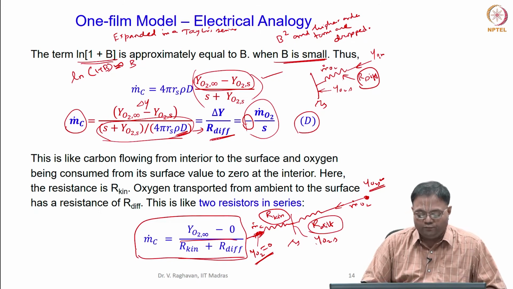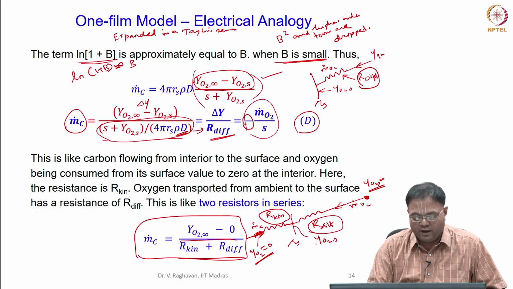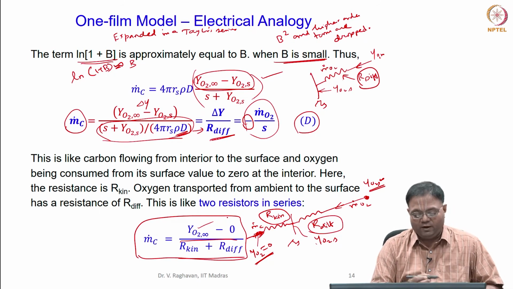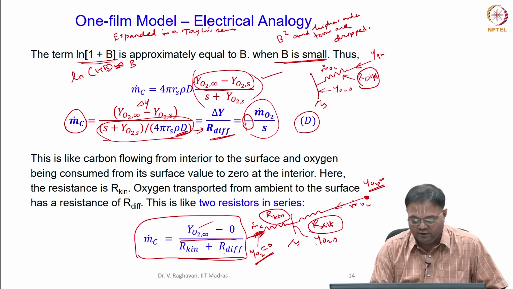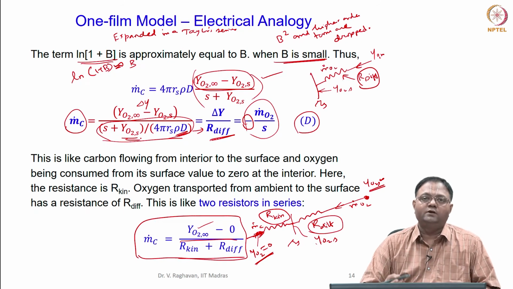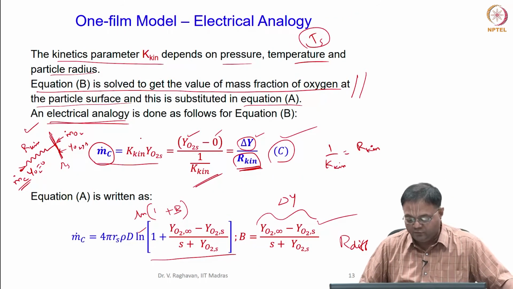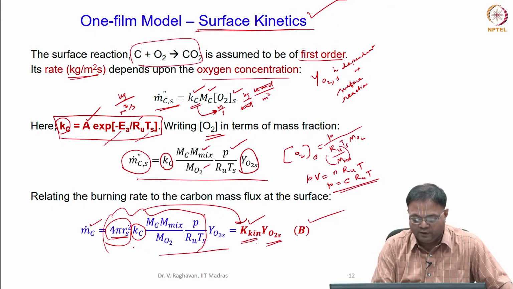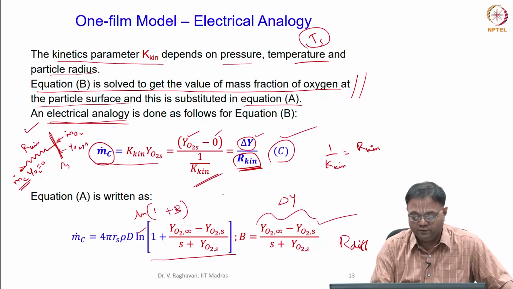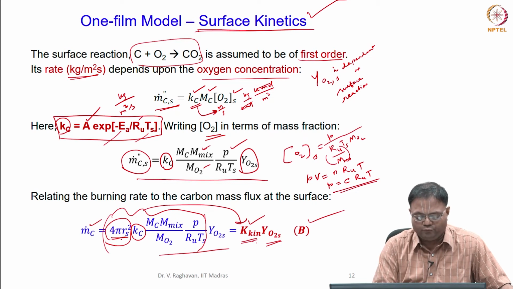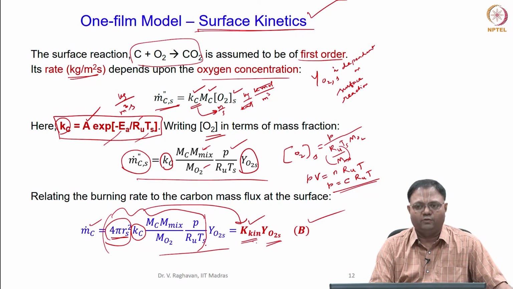Now, I have the value of R kinetics defined, and I have the value of R diffusion. Once you know this, I can solve. Anyway, you can see that if you want to calculate R diff, it again has the value of YO2S, so we have to have an iterative solution only. R kinetics, on the other hand, is written with the kinetic parameter here. You can see 1 by k kinetics, so it is 4 by r square kc and some molecular weights and p by ru ts, etc. Again, ts is unknown here.